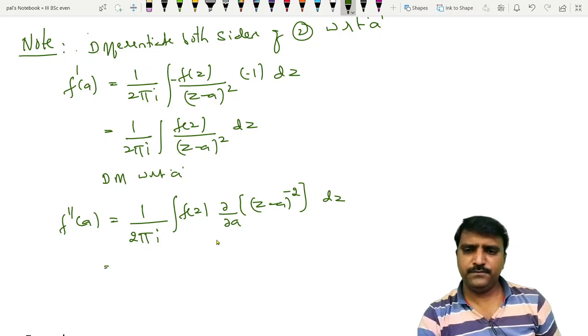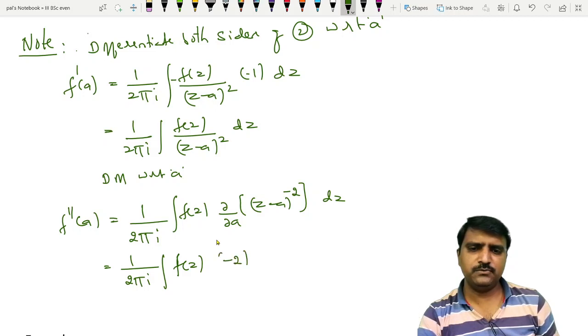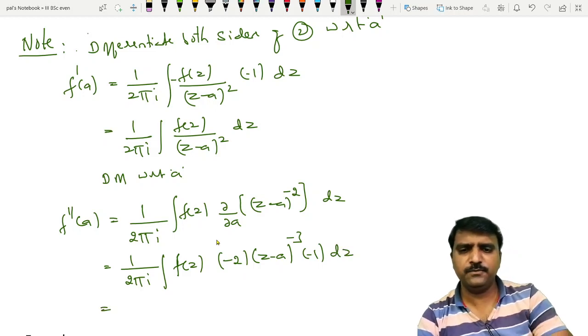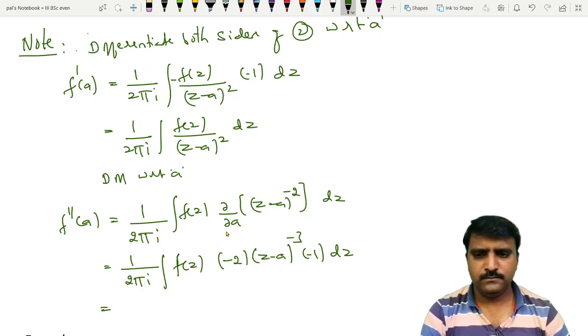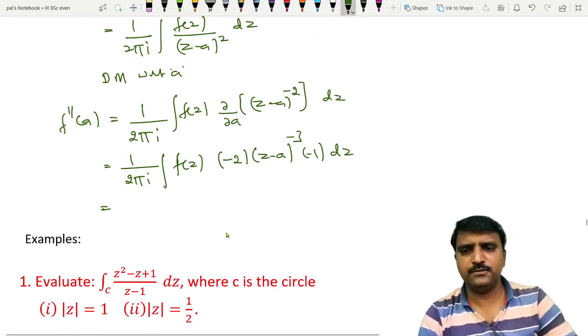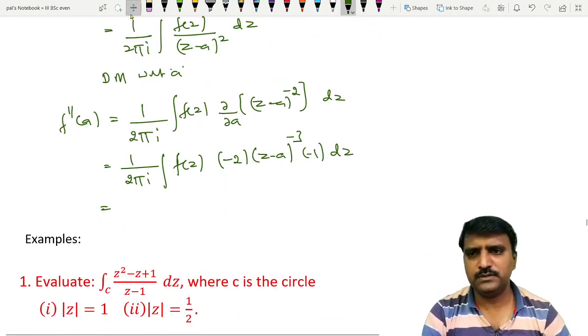So if you differentiate this, 1 by 2 pi i into integration of f of z, its differentiation is minus 2 into z minus a to the power minus 3, and again differentiation of z minus a is minus 1, into dz.